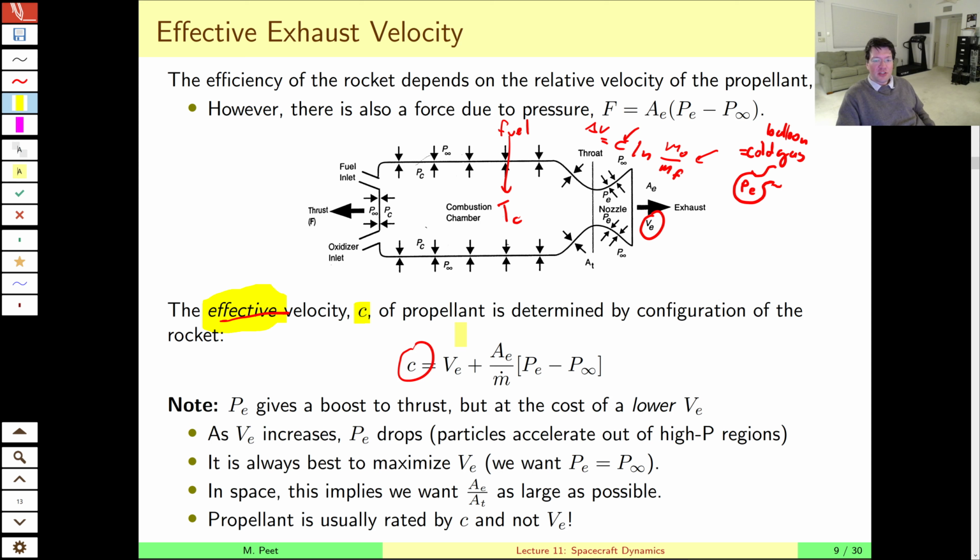C is determined by the actual velocity of the propellant, that's actual. And then you get a boost for having not fully expanded nozzles. You get a boost if your exit pressure is greater than your atmospheric pressure, and that's sort of like this balloon example.